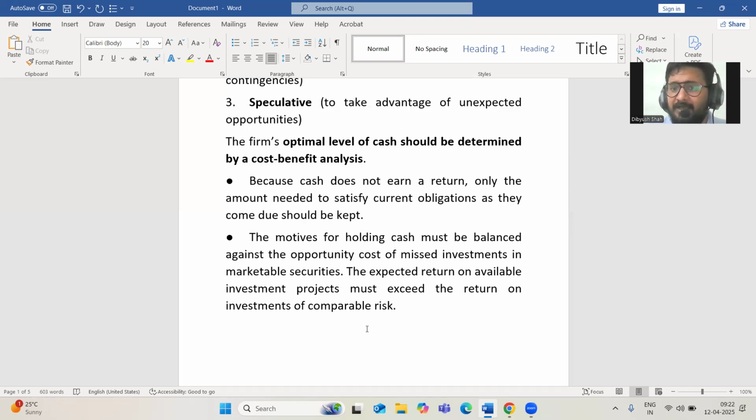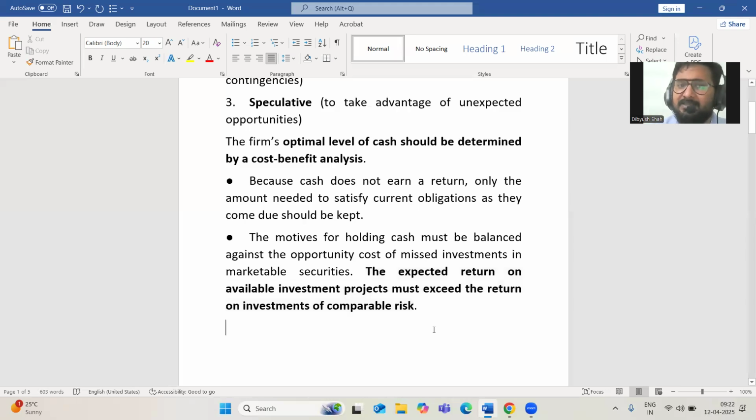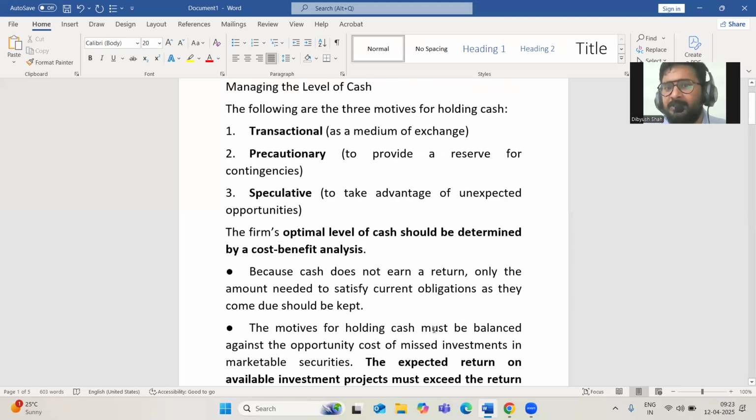So whatever is the expected return on available investment projects, it must be a greater return than investments of comparable risk. This is also a very vital line, that whatever you are expecting to earn should be greater than comparable risk projects.